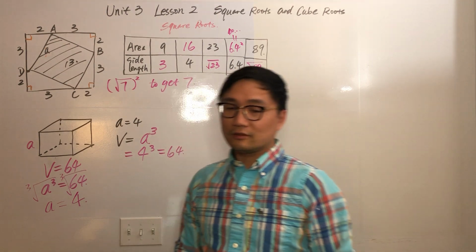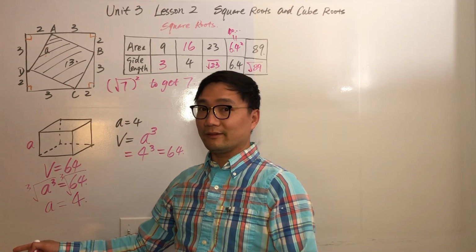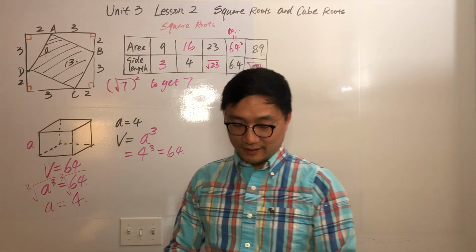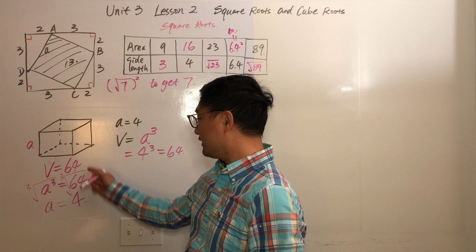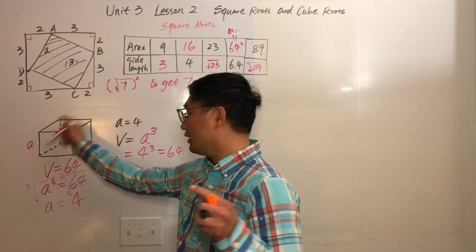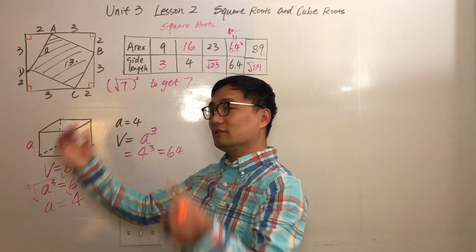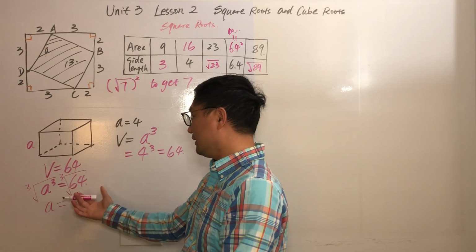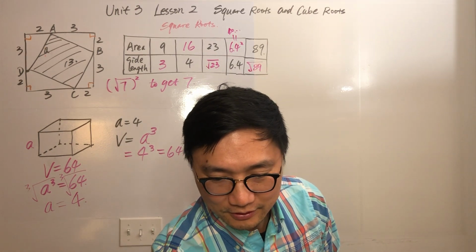You don't need to know how to get 4 by hand; you just use the calculator, okay? So now every time you see the cube root, in your brain you should have a cube, and this is the side length. After you cube the side length, you get the volume of the cube. Okay, that's the cube root.